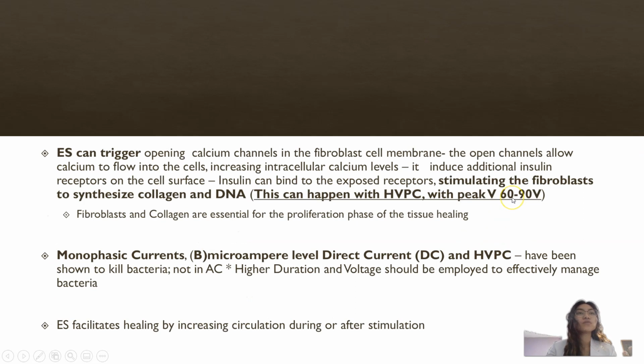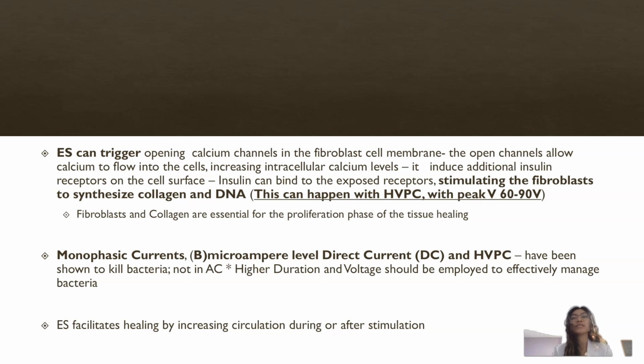Okay? So, the ES can trigger the opening of calcium channels in the fibroblast cell membrane. The open channels allow calcium to flow into the cells, increasing intracellular calcium levels. It induces additional insulin receptors on the cell surface.